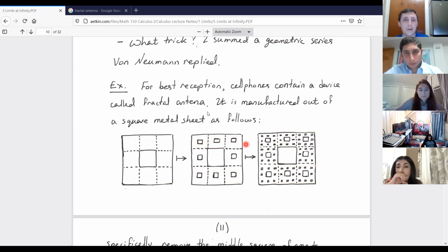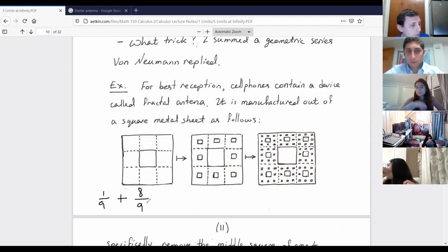And so how much did we remove, guys? Are you with me? We removed here 1 over 9. In the second step, we removed 8 over 9 squared. Do you agree? And here, how many very, very small squares did we remove?